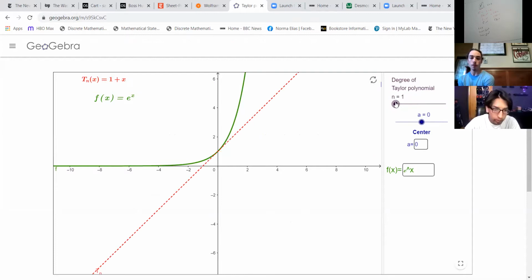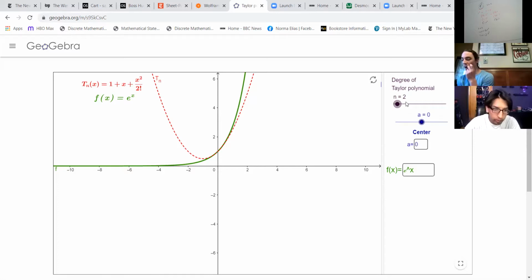If I take the first degree Taylor polynomial, which is 1 plus x, that's the tangent line, and that's the approximation it makes. If I take degree 2, as we've done before, we have a better approximation, and this is near 0. So the center, a equal to 0, tells me that the approximation is very good near the center.